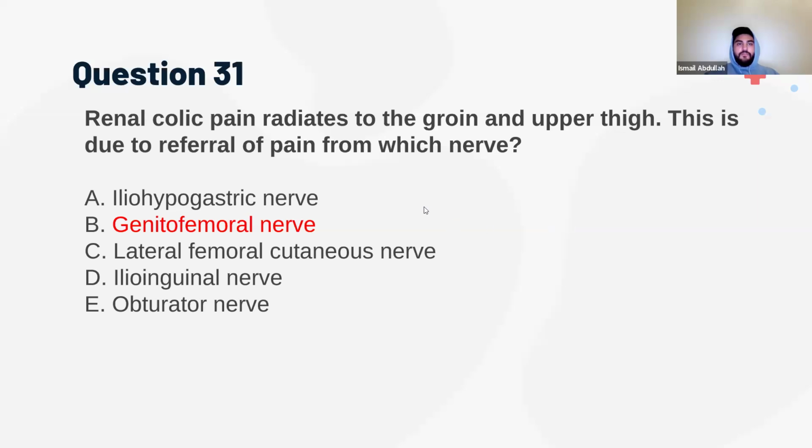The other nerves have no role in sensory supply to the kidney or the ureter.